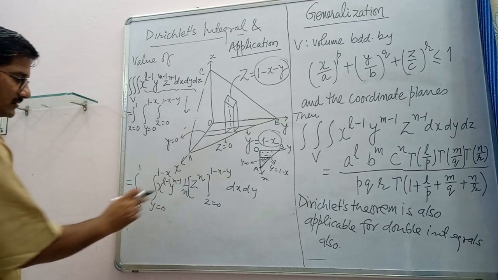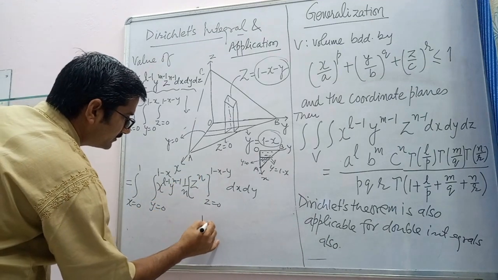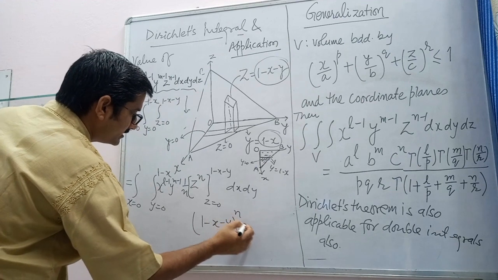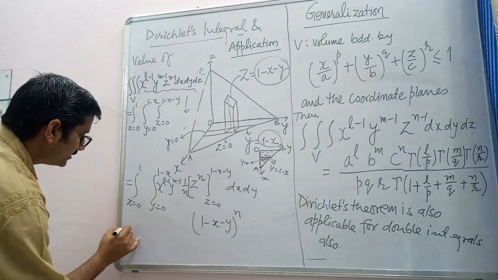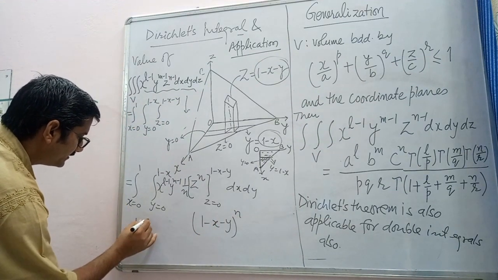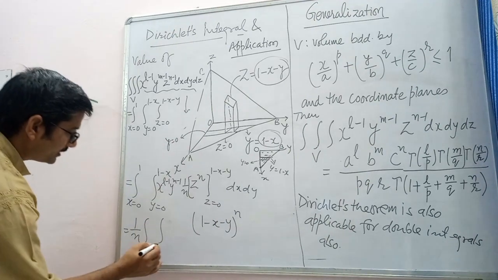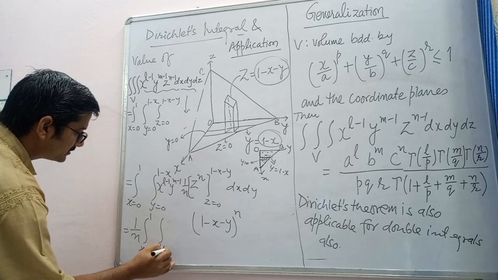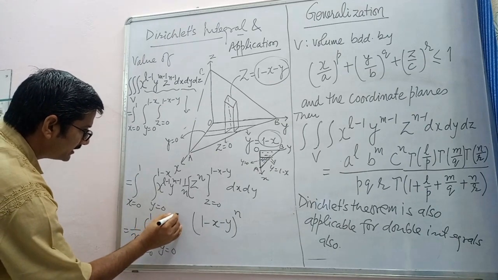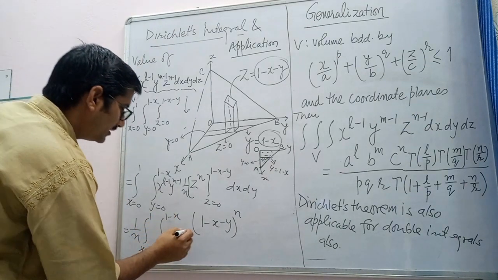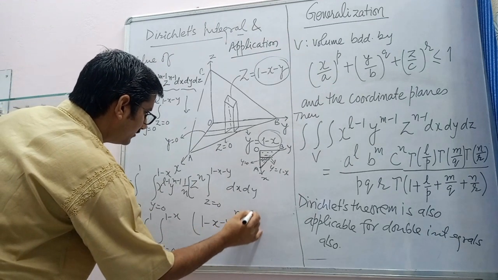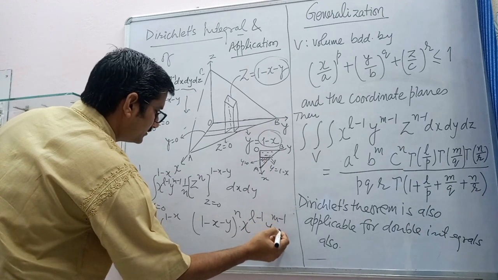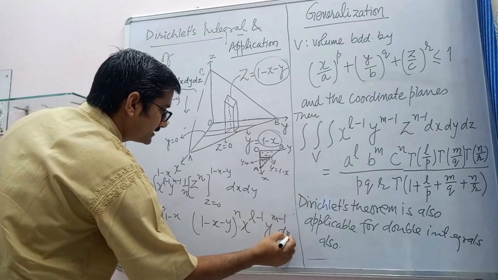So put the upper limit, and you will get here (1 minus x minus y) to the power n minus 0, divided by n. So we can bring 1 upon n outside, keeping the limits of x 0 to 1 and the limits of y 0 to 1 minus x, multiplied by x to the power l minus 1, y to the power m minus 1 into dx dy.